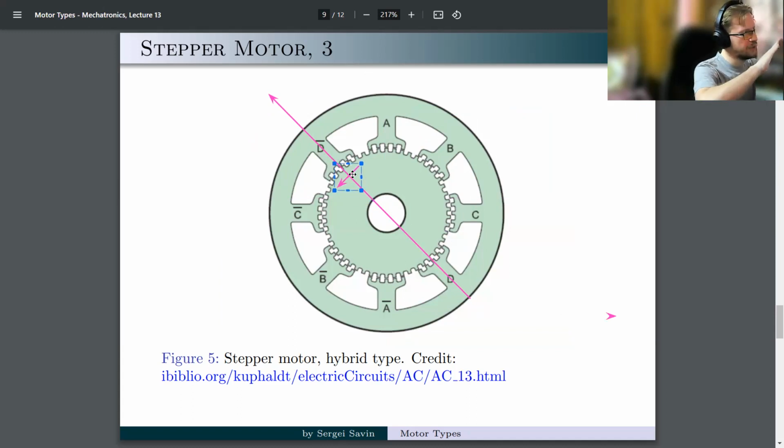So they will come into alignment. And now the situation would be exactly the same as in the beginning, but the rotor would have rotated. But the gap between the teeth here would become exactly the same as it was for the teeth here earlier. So next time we can switch on the D circuit, we will achieve the same stuff.